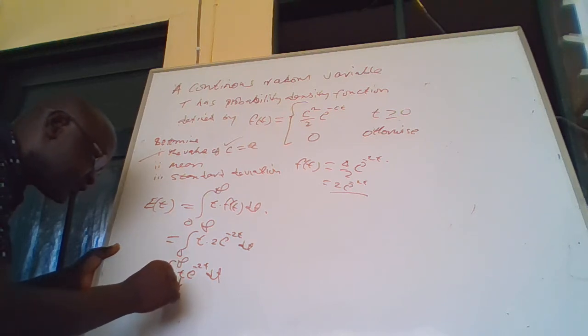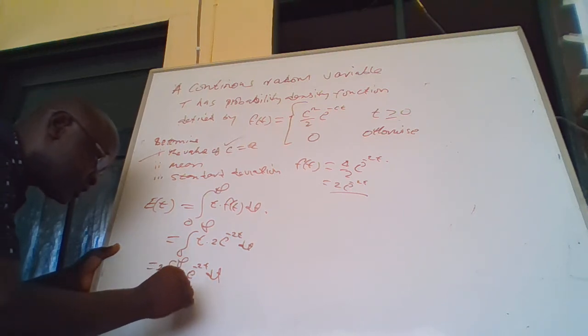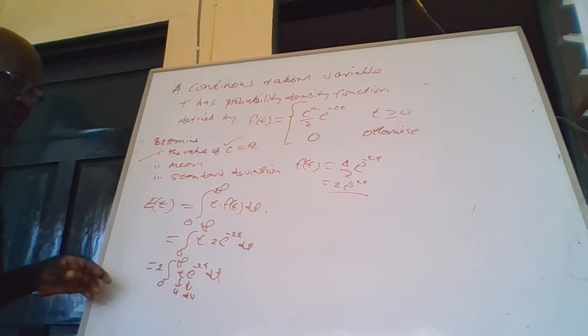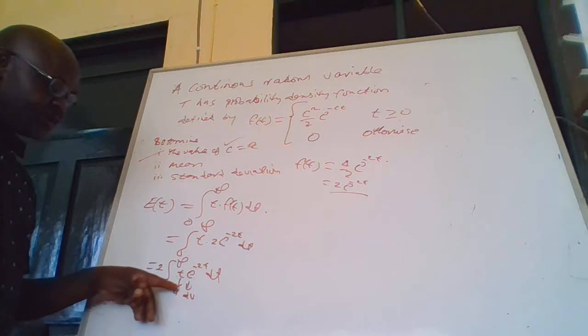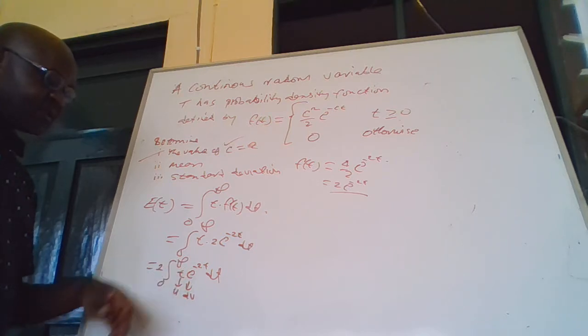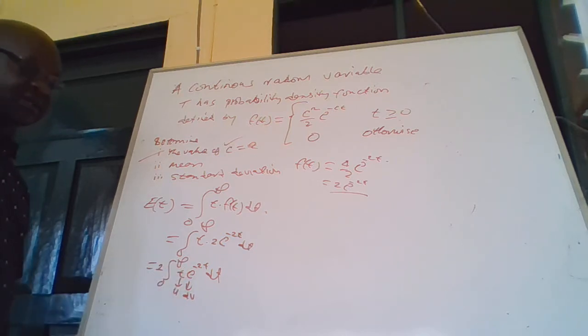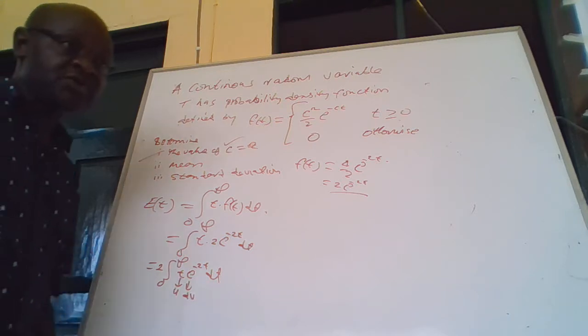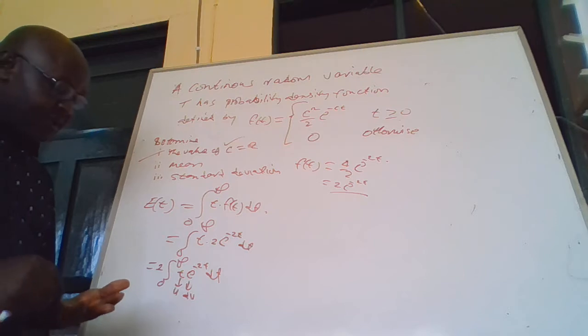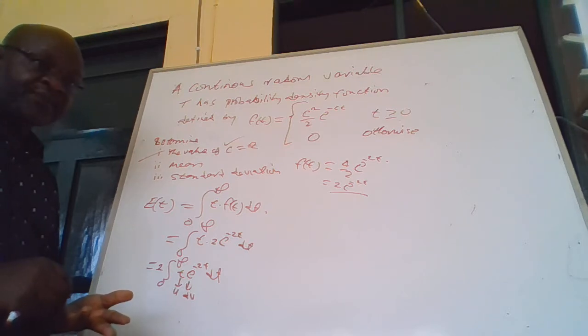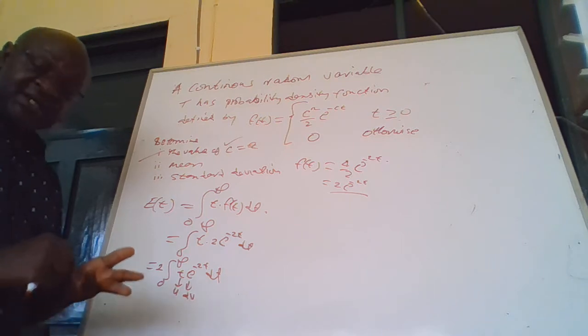This is u, and that is dv. Why do we say that t is our u and dv is e^(-2t)? There are 2 points you need to know when you want to integrate by parts. Number 1, when a power of t is present, it is taken as u.